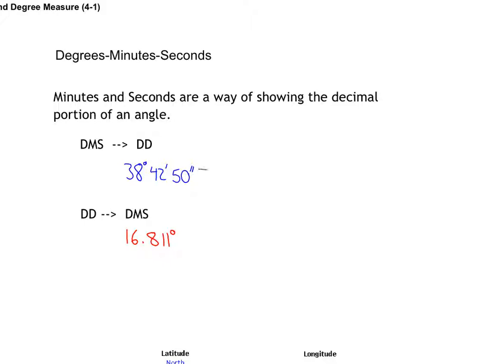So instead of 38 degrees, 42 minutes, and 50 seconds, I could rewrite this as 38 degrees and 42 and 50 60ths minutes. Because I have 50 out of a full 60 seconds.